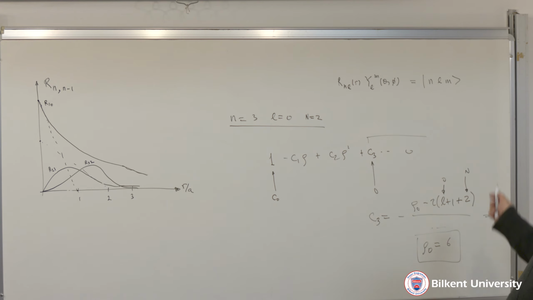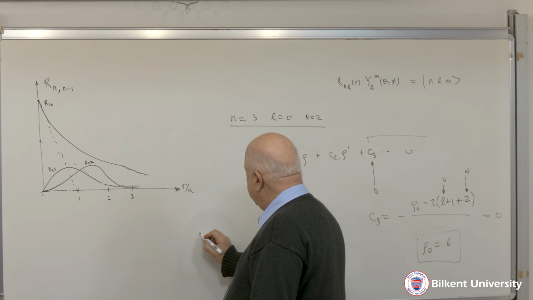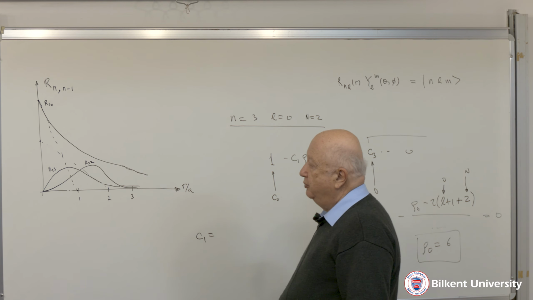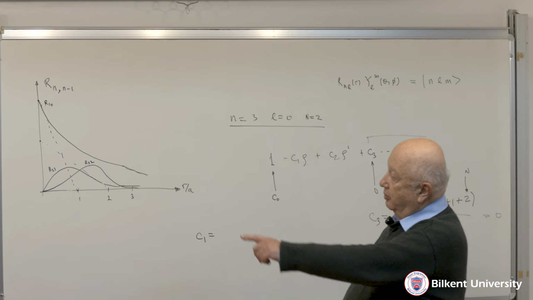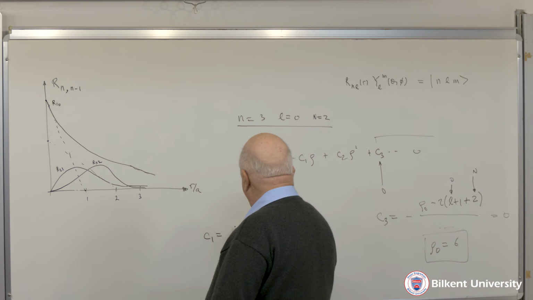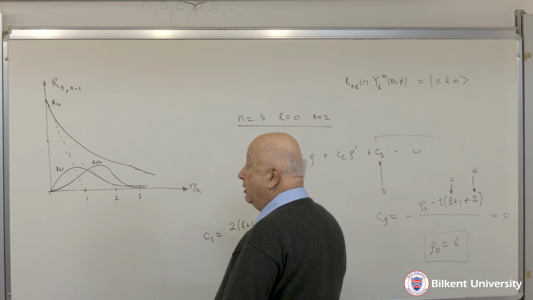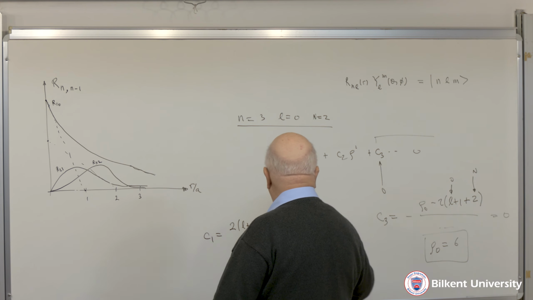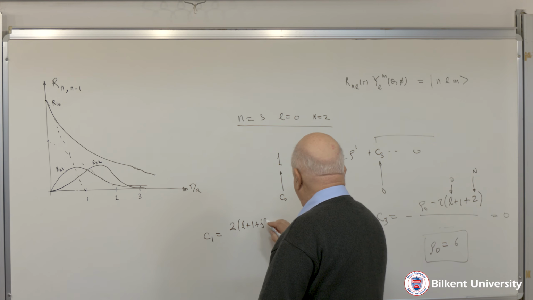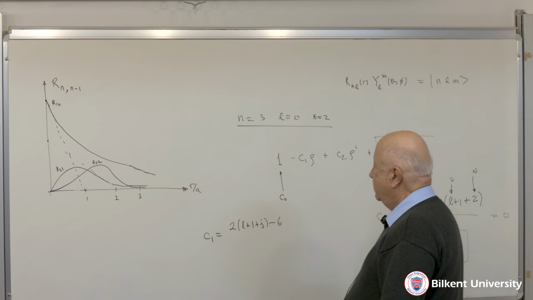So now I go back. I'll try to find what C1 is. So C1 is going to be equal to, I quote that equation, 2, I'll write the full thing first and then we'll discuss, J, L plus 1 plus J minus rho 0, which was 6, right?